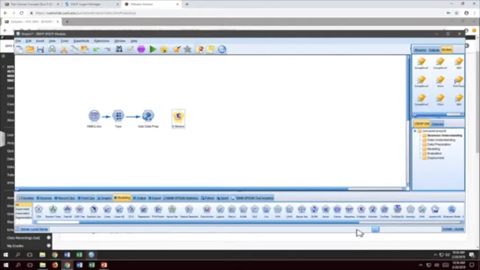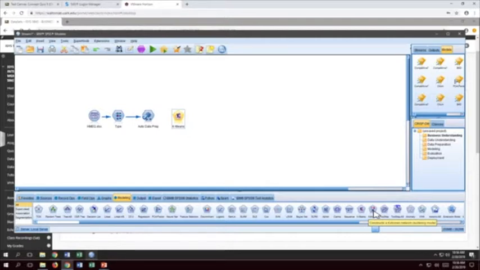Before I go any farther, SPSS is pretty cool. To the right of the k-means, there's a thing called a Kohonen network, and it also does clustering.